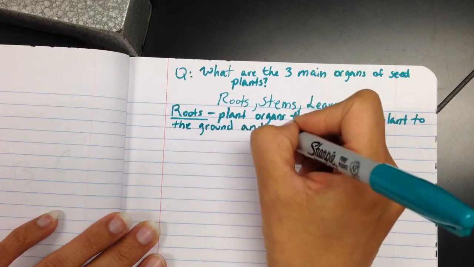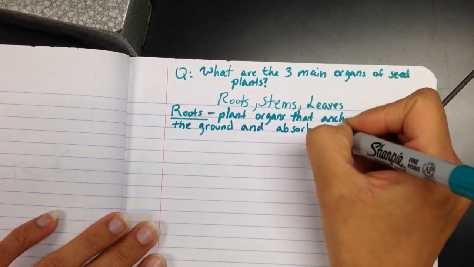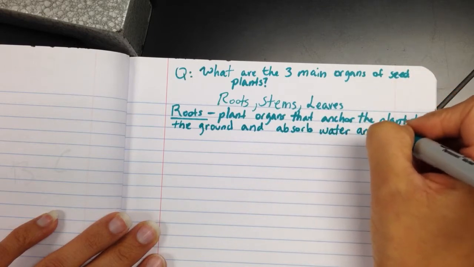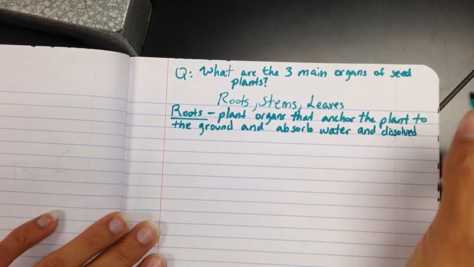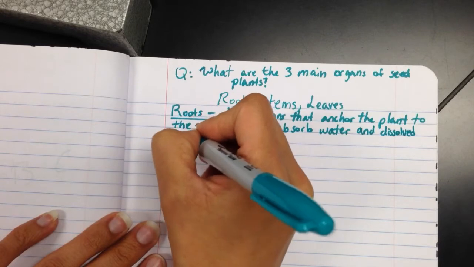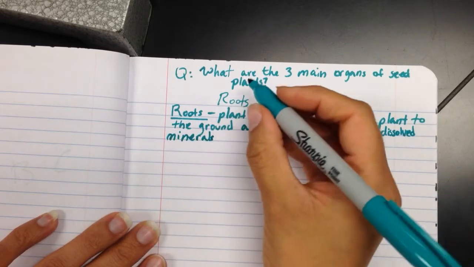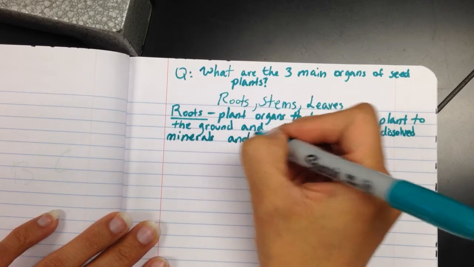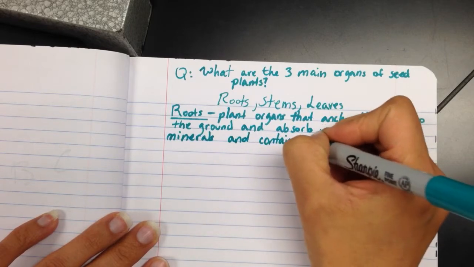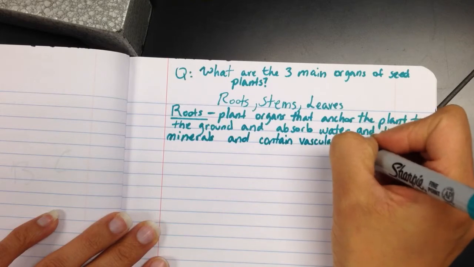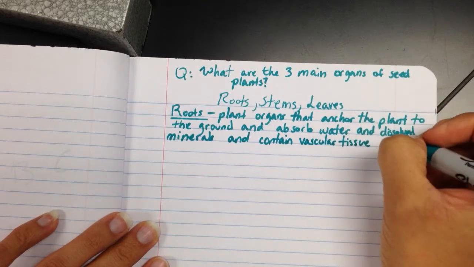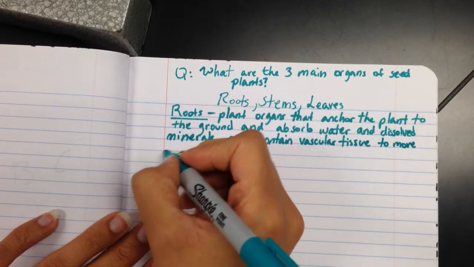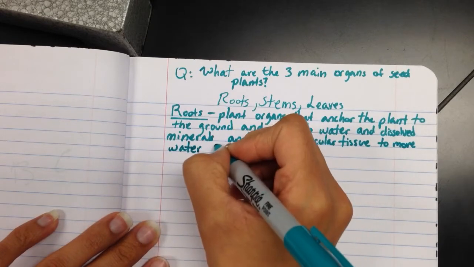And they absorb water and dissolved minerals, and they contain vascular tissue to move water and nutrients. To move water to the stem.